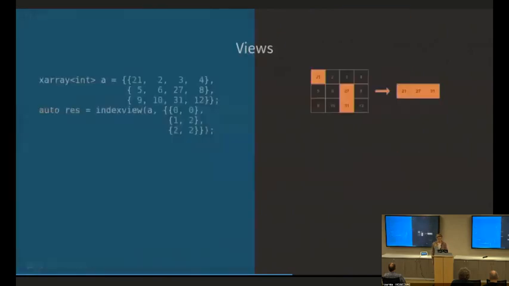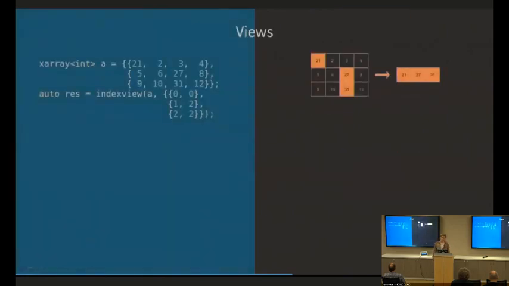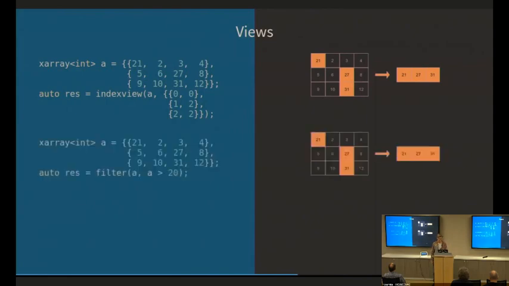row. Then we also have index views. With index views, you can select a set of indices, and that will take them out and put them into a row vector. We can also use a filter view, which filters by using a Boolean operation.